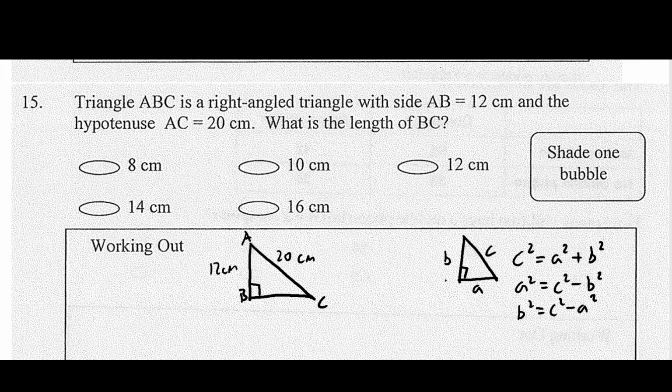So here we're told side AB is 12, side AC is 20. So we're looking for this side. So we're going to use this formula: A squared equals C squared take B squared. So that's going to be this side, BC squared equals 20 squared take 12 squared.